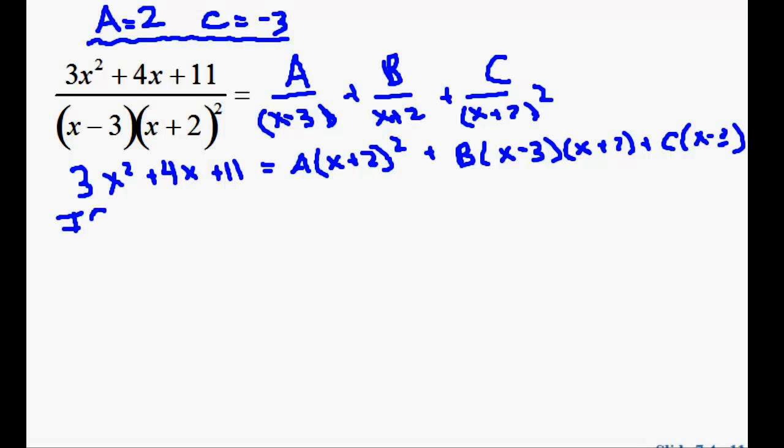So if x is equal to 0, then the 3x squared will be 0, plus 4x will be 0.